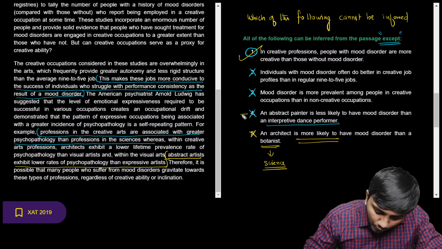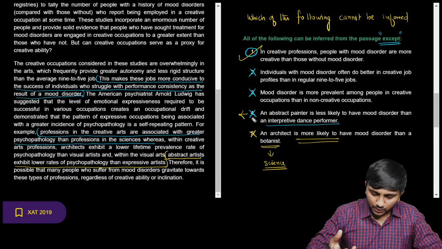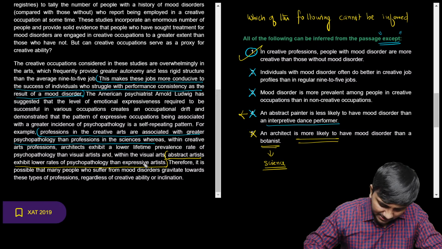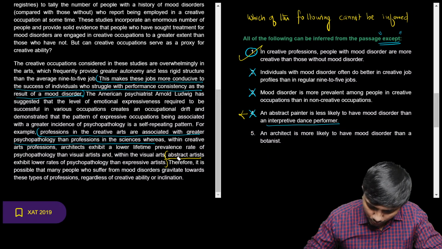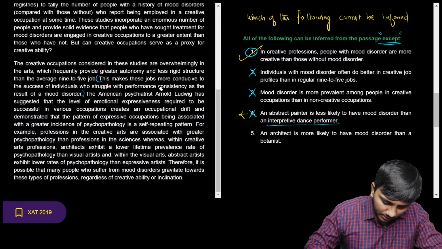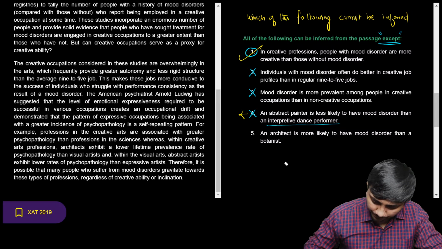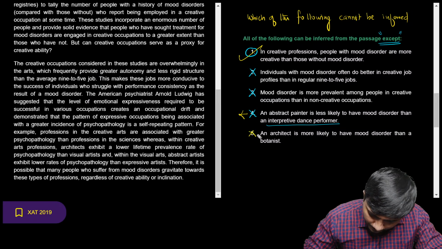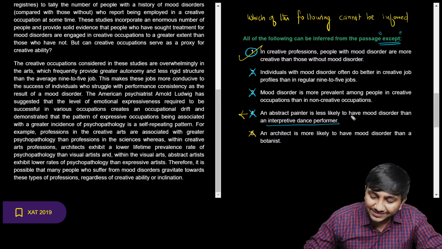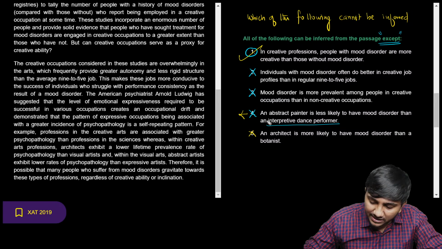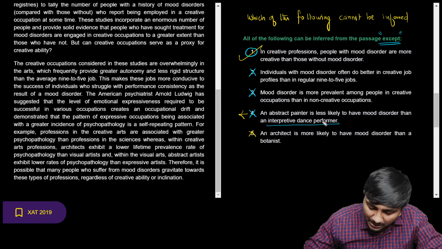Now we are looking at option 4. Someone wants me to explain option 4. Let's look at it. Okay, let me first clear off all those things that I have drawn here so that I can take you to exactly what is required for option 4. Okay, let's look at option 4. It says an abstract painter is less likely to have mood disorder than an interpretive dance performer.